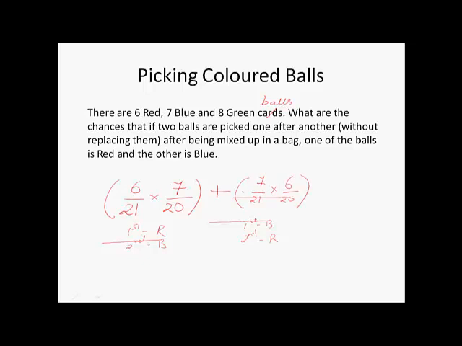So I add both these probabilities to get the actual answer. It is not specified in what order the balls are being picked. So we have to consider both the cases where the first is red and the second is blue, or the first is blue and the second one is red.